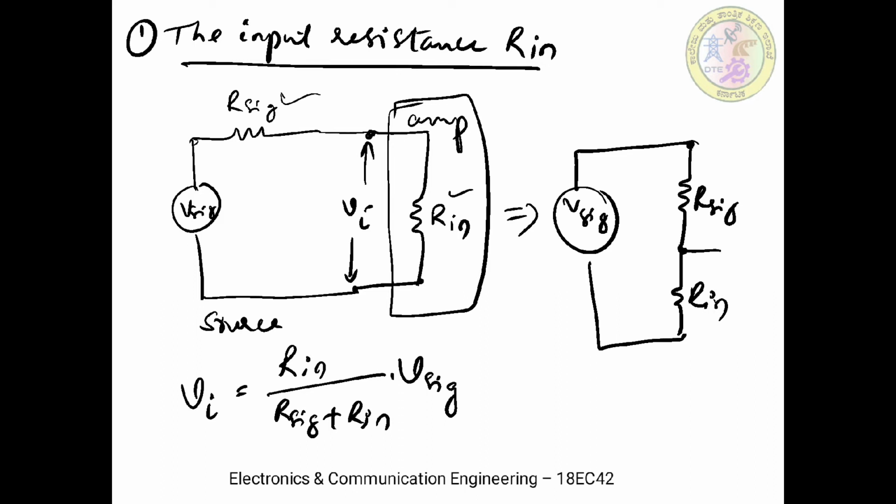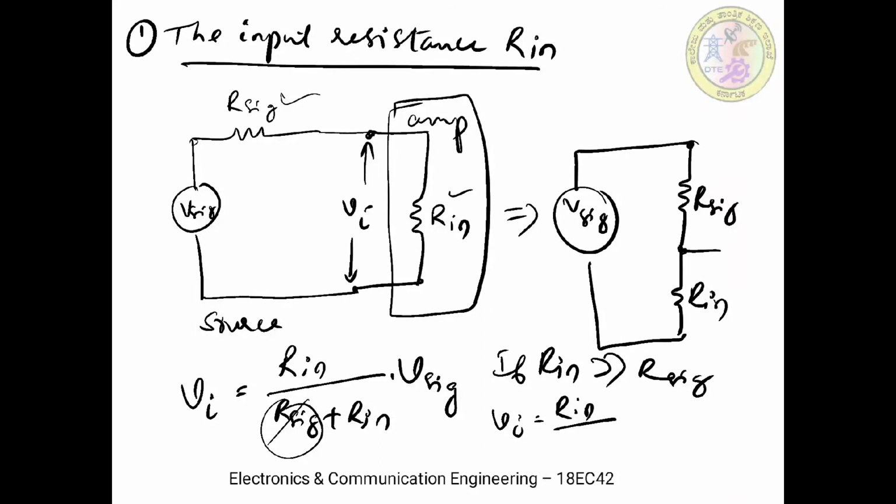Now what is our requirement? Vi should be equal to VSIG. In order to do that, this ratio should be equal to 1. So if Rin is very much greater than RSIG, or ideally its value is infinite, then we can write that Vi is almost equal to Rin divided by Rin, into VSIG.